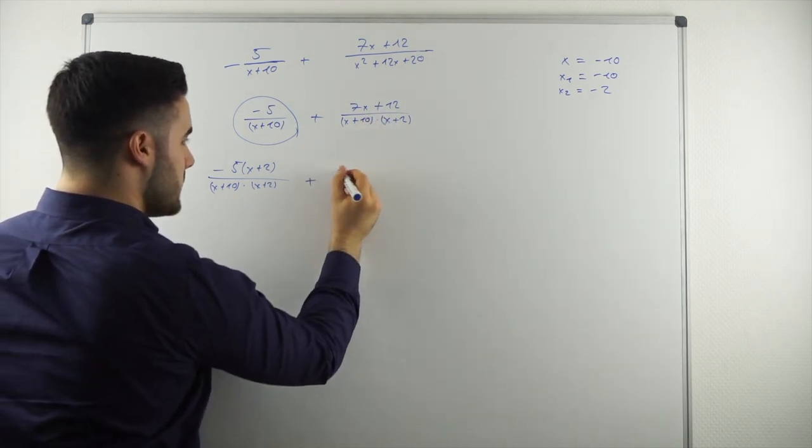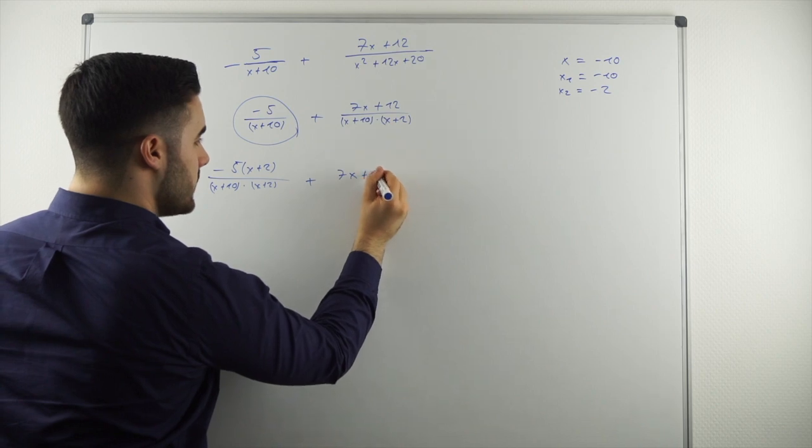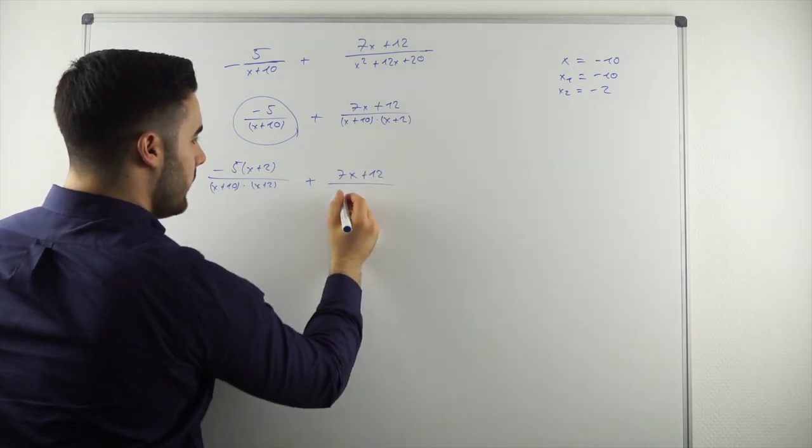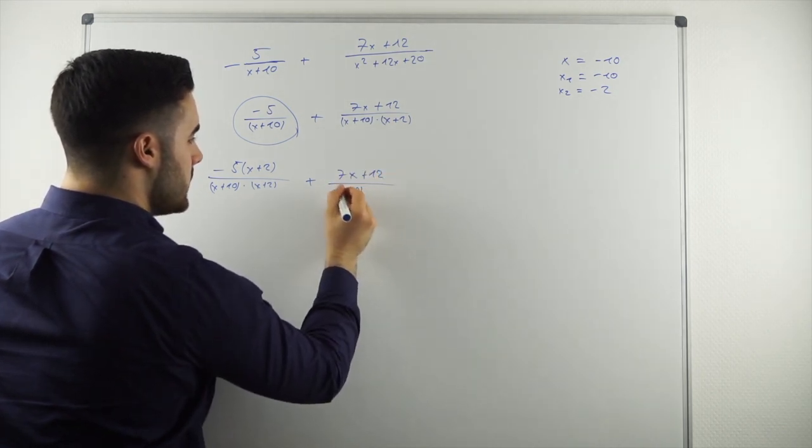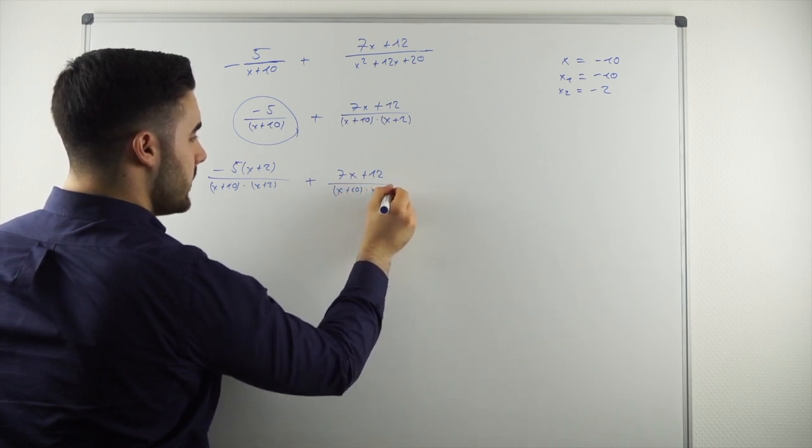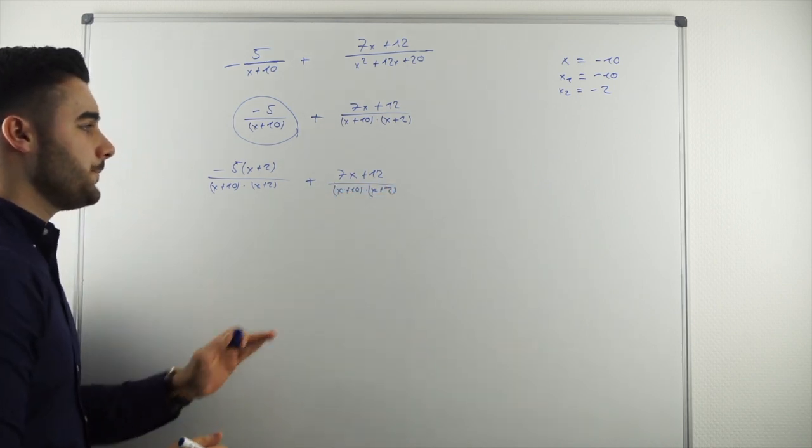The right side stays the same, 7x plus 12 over x plus 10 times x plus 2, as we had before.